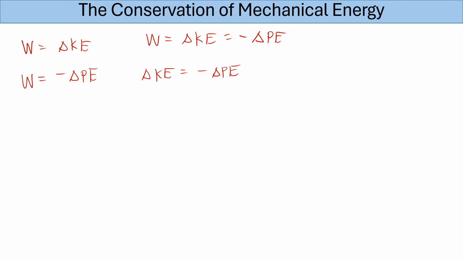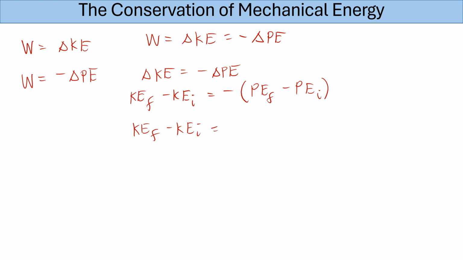If we expand, this is KE final minus KE initial is equal to negative PE final minus PE initial. So this will become KE final minus KE initial is equal to PE initial minus PE final.